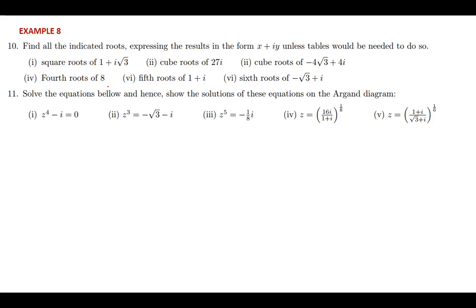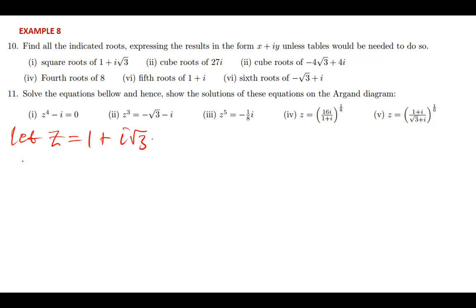So we have 1 plus i root 3 to the power half. We say let z be equal to 1 plus i root 3, and they are saying we find the square root of that.